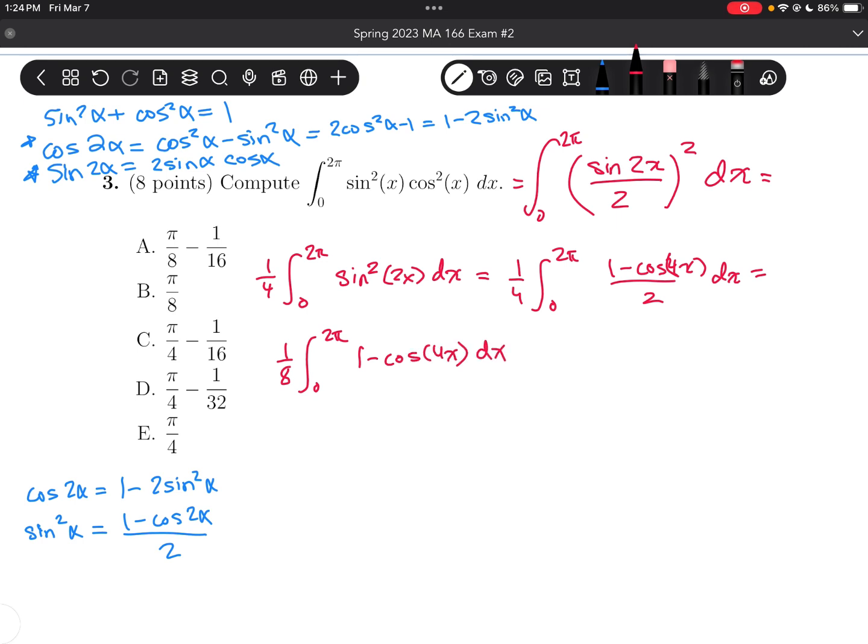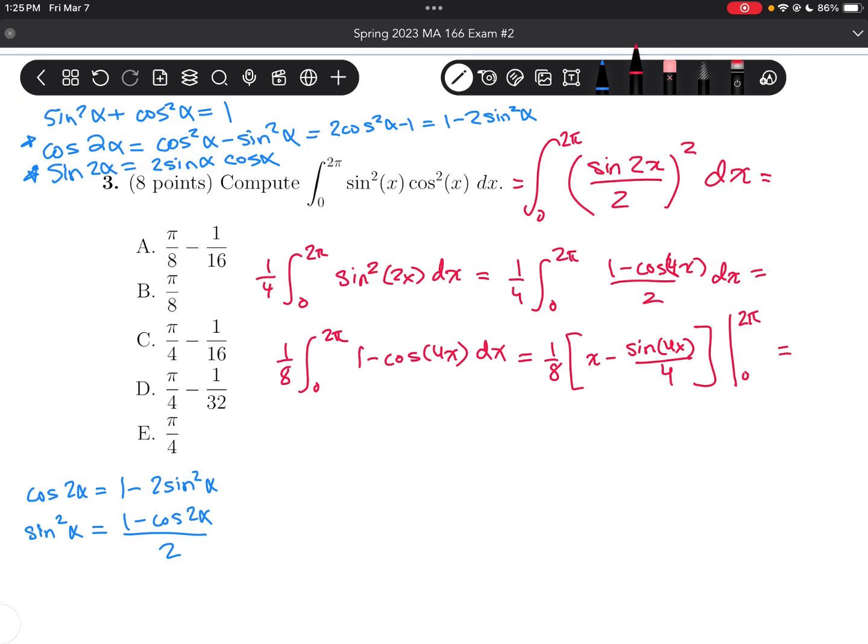And now our integral has simplified into something that I can just use basic antiderivative rules on. The antiderivative of 1 would be x, and the antiderivative of cosine 4x is sine 4x divided by 4. We evaluate this antiderivative from 0 to 2 pi.